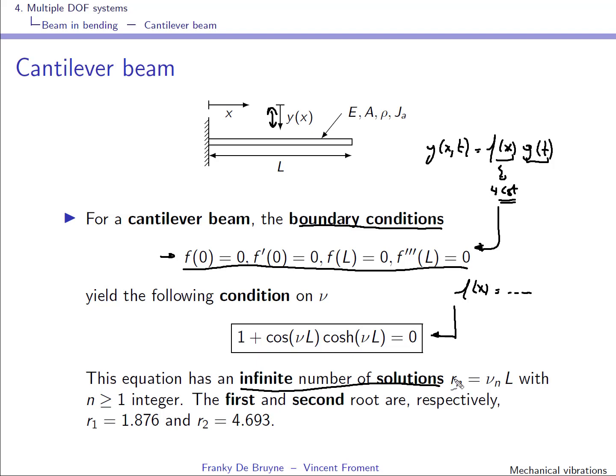If you take MATLAB and you use the way of computing roots of equations that I've shown you before, you will see that the first root has this value and the second root has this value over here. And once you have a root, you can link it to nu, and nu is itself linked to omega n. So this is what we are going to do next.